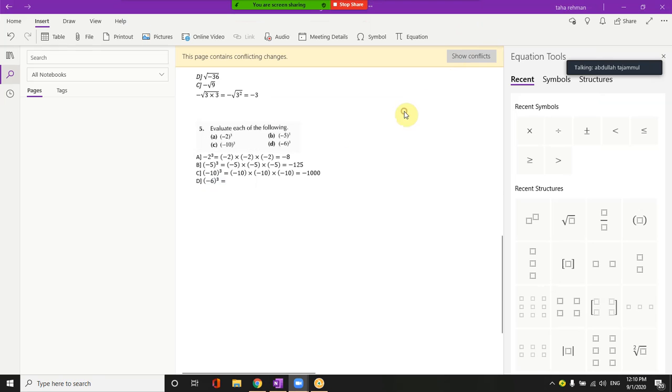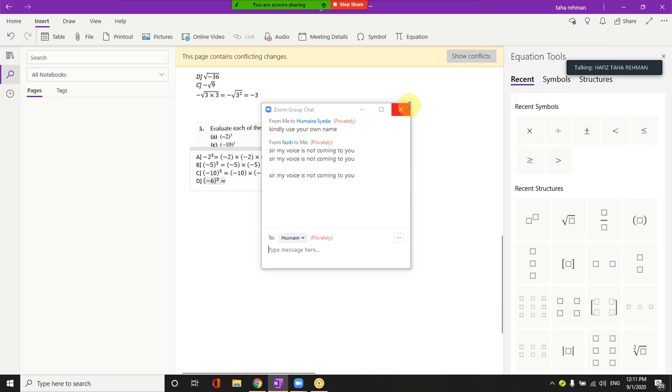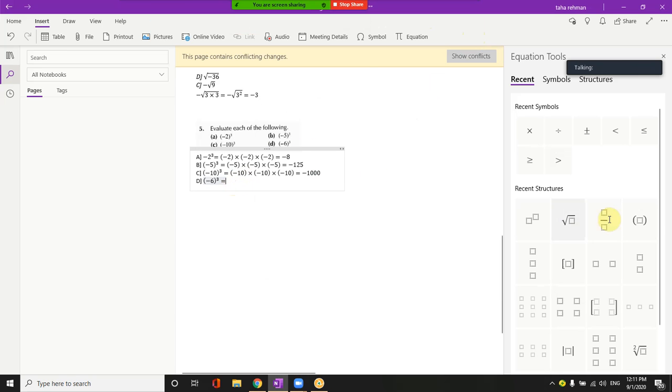-6 whole cube means how many times we need to multiply -6 with each other? 3.